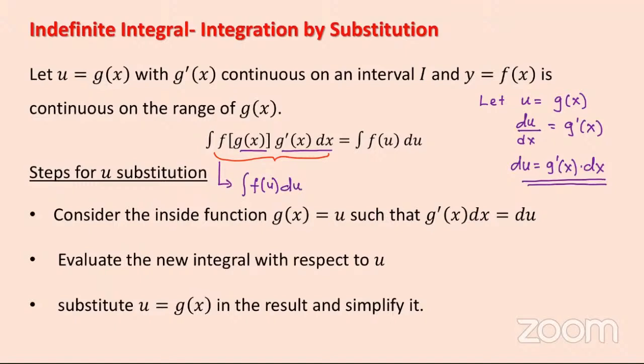So what U substitution does is change the complex integral, the product of a composite function and the derivative of its inside function, a very complex function, into a very simple integral. It is just a simple function integrated with respect to U. Remember, the original integral is in terms of x.